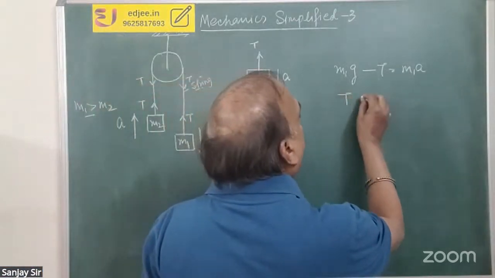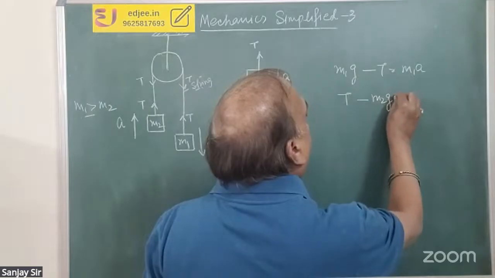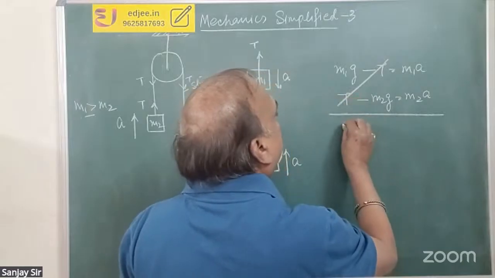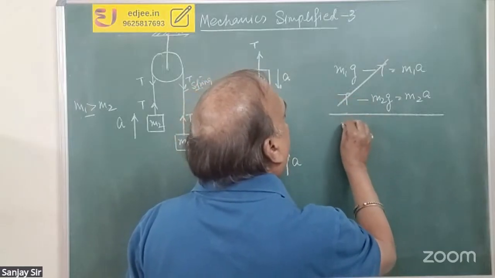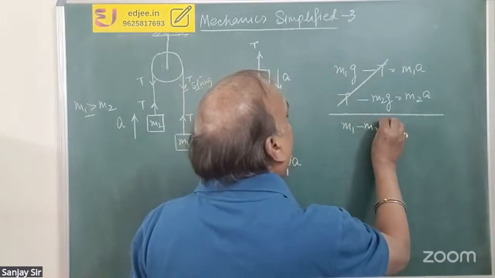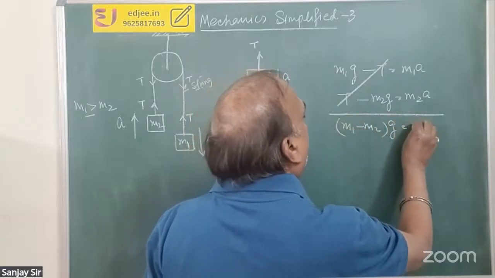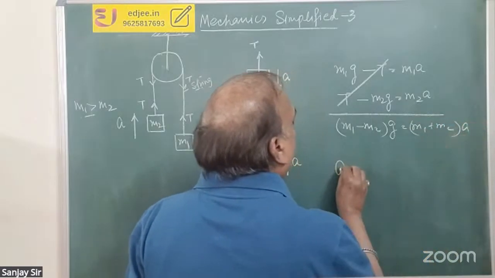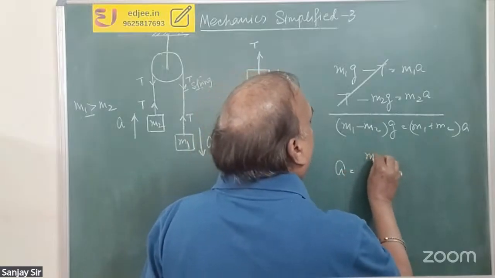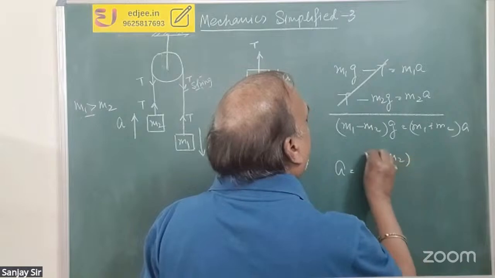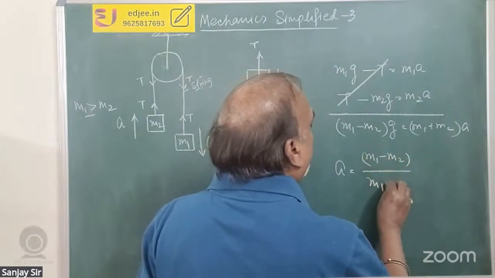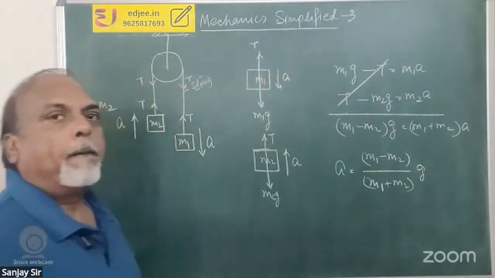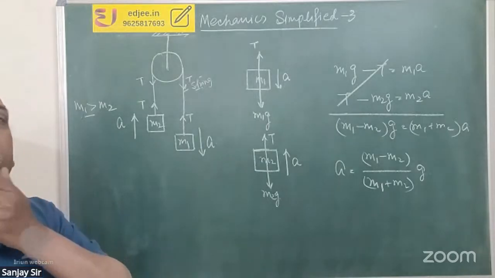So A is basically M1 minus M2 upon M1. Correct.